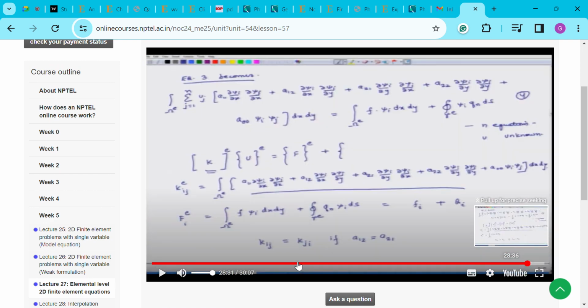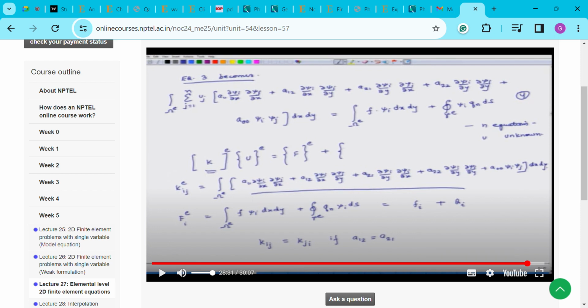Yes, here in the last it is written that if Kij equals Kji, if A12 equals A21. So for a symmetric matrix this is the condition: A12 equals A21.